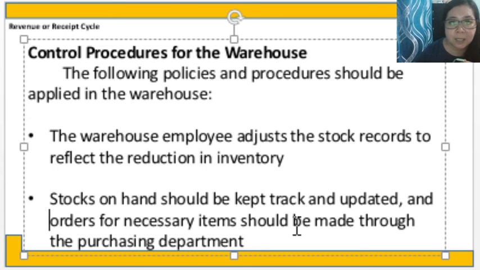This is in the case where the inventory is at its reorder point, meaning the level of inventory suggests that a purchase of inventory should be placed so that stock out will be avoided. So that's for the warehouse department. We will continue with the other departments in the next video lectures.